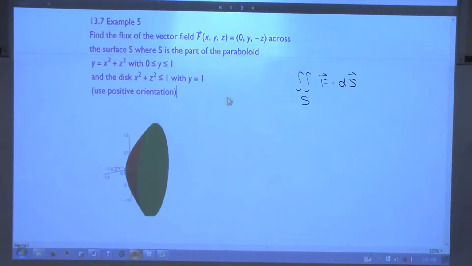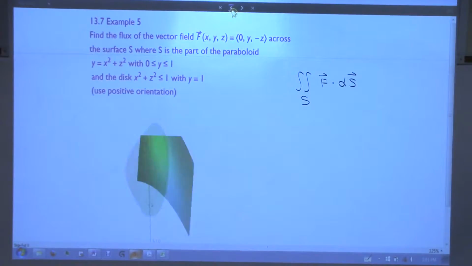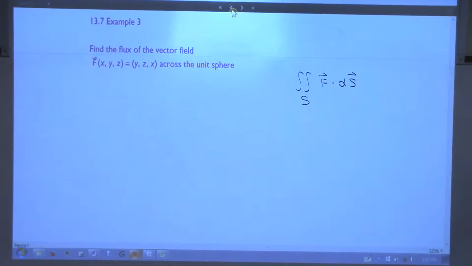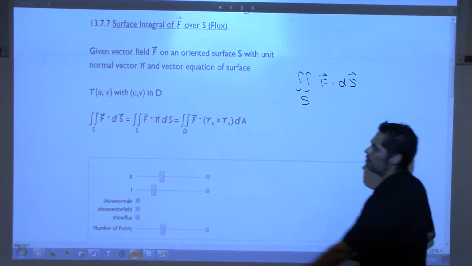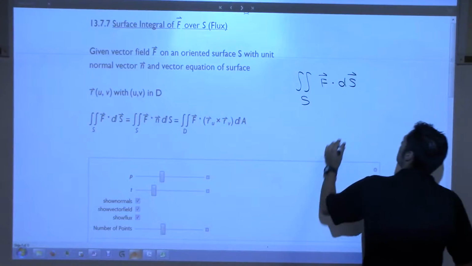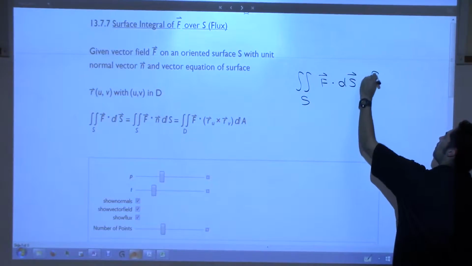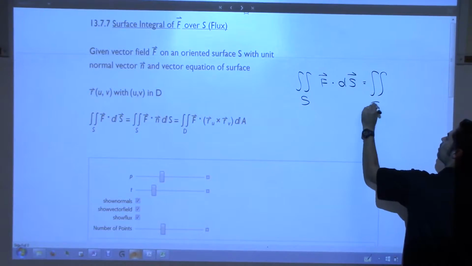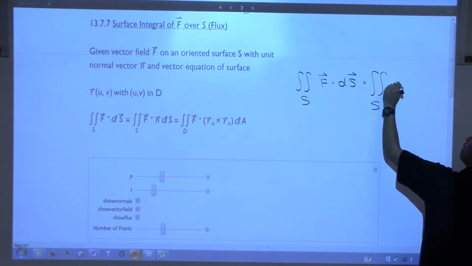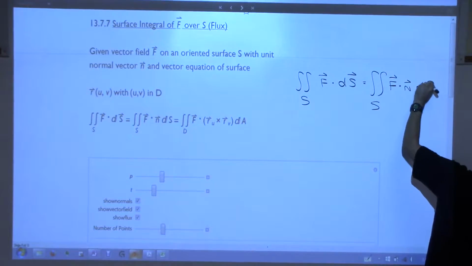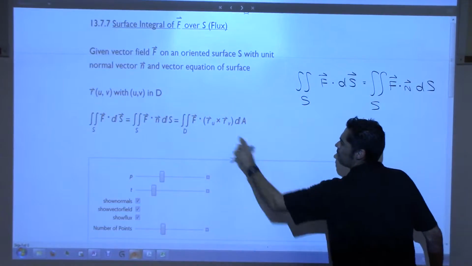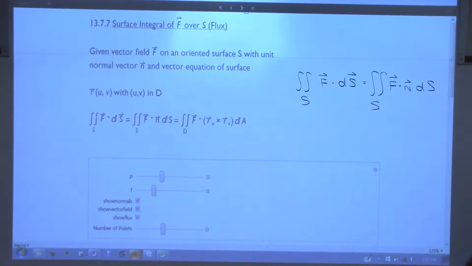Somewhat familiar? That's what we use. So that's it right there. And this is equal to the surface integral over S of F dot N dS, and then this last one, okay? And then we had special cases.